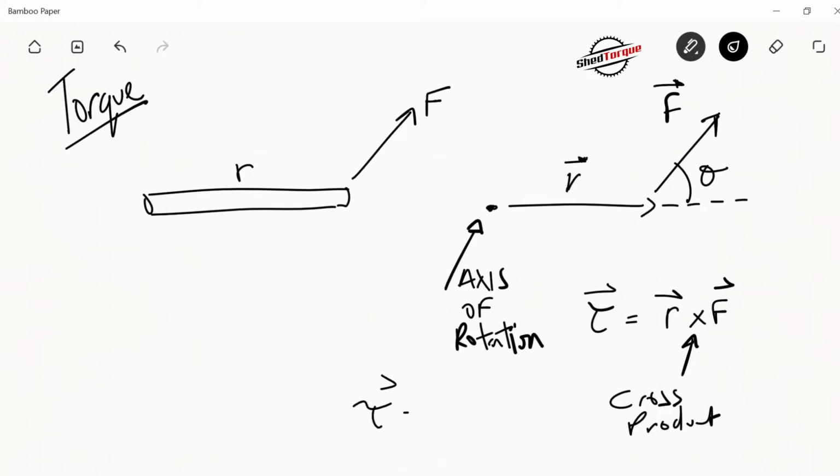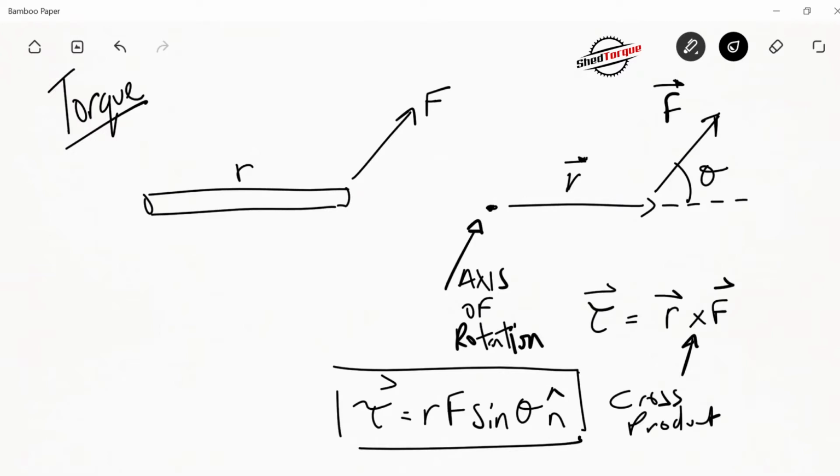It's the magnitude of R times the magnitude of F times the sine of the angle theta between them, and then there is a direction associated. This here is the definition of the cross product, or what we call the torque cross product.